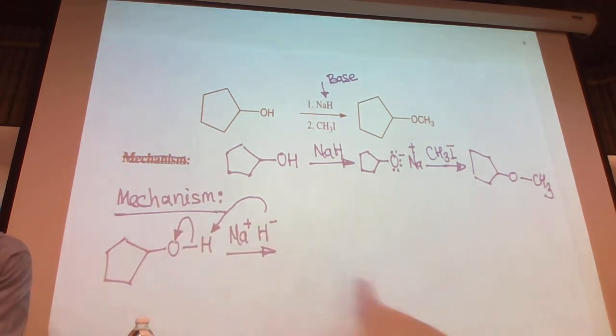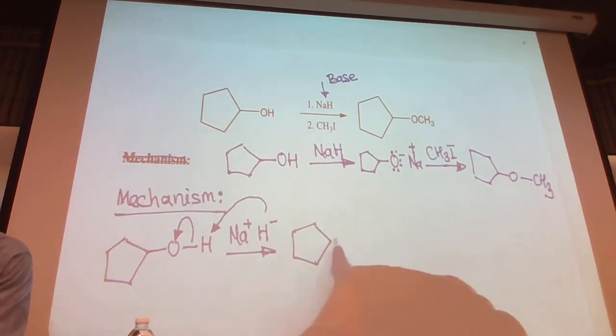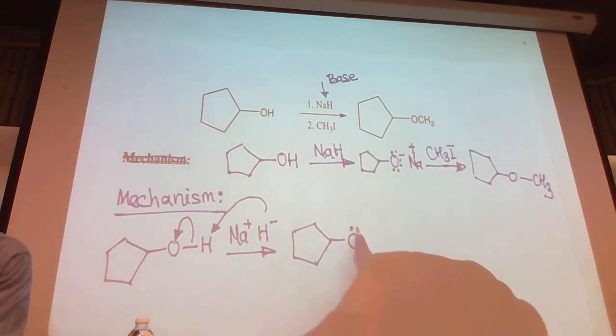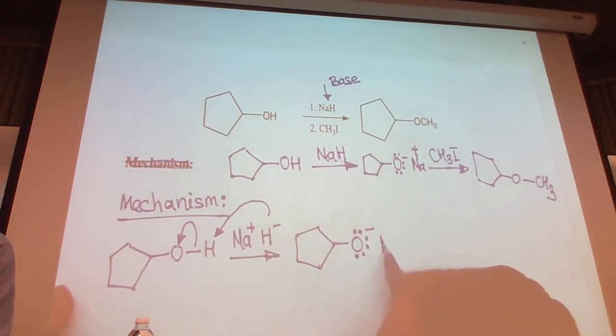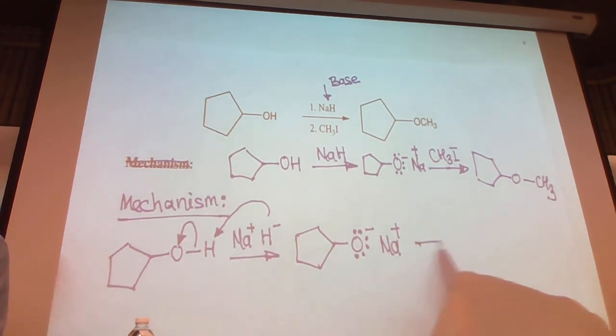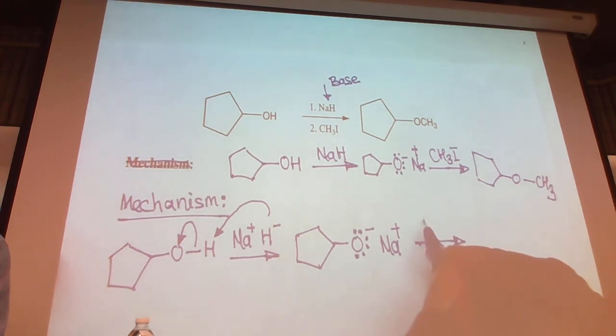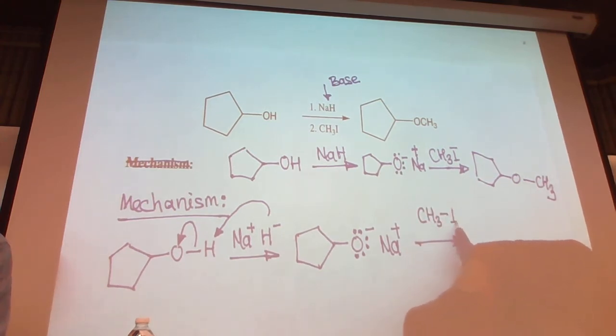This will go to the oxygen to give you the alkoxide stabilized by the sodium. So hydrogen is given off as gas. Now you have your primary alkyl halide, with the iodine.